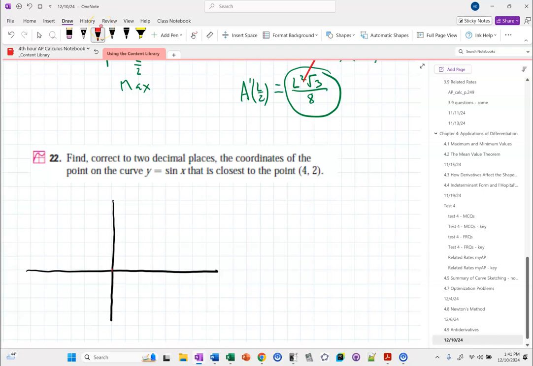But let's sketch a little picture of what's going on. So we have the graph of sine x. Let me make that pi over 2, pi, 3 pi over 2, and then 2 pi, and minus pi over 2 and minus pi on the other side.